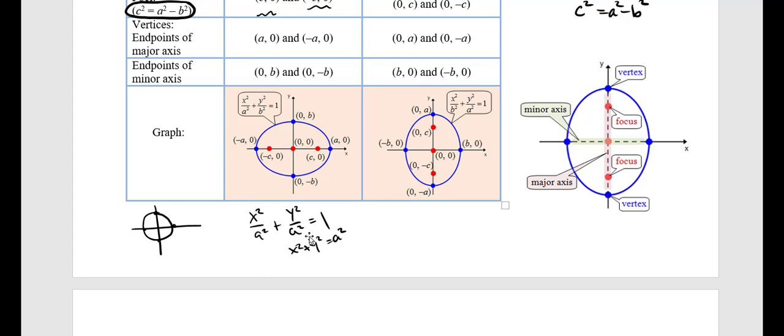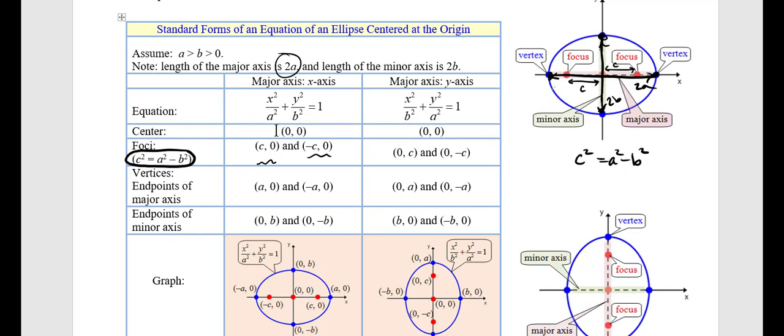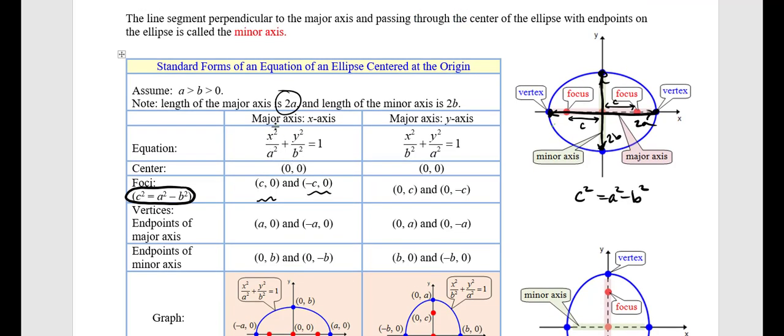And in this way of thinking, the a value, or you can think of the numbers divided under each of the variables, is just telling you the radius squared in that direction, right? For example, if we have this first picture, horizontal major axis, then this first equation is telling us that whatever x squared is divided by, that's the radius squared in the x direction.